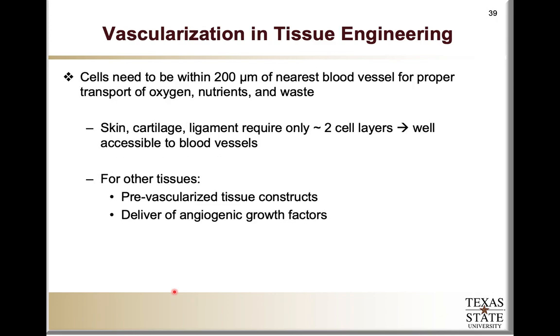All right, I mentioned that vascularization is one of the key challenges for tissue engineering. So cells, any cell, needs to be within about 200 micrometers from the nearest blood vessel to be able to obtain enough oxygen and nutrients and be able to get rid of waste sufficiently.